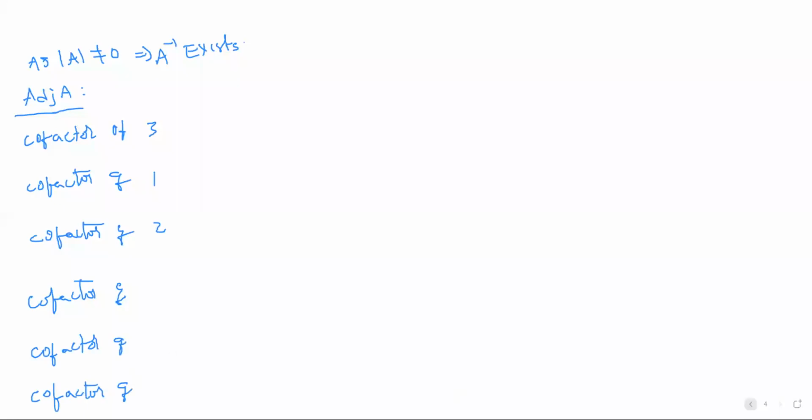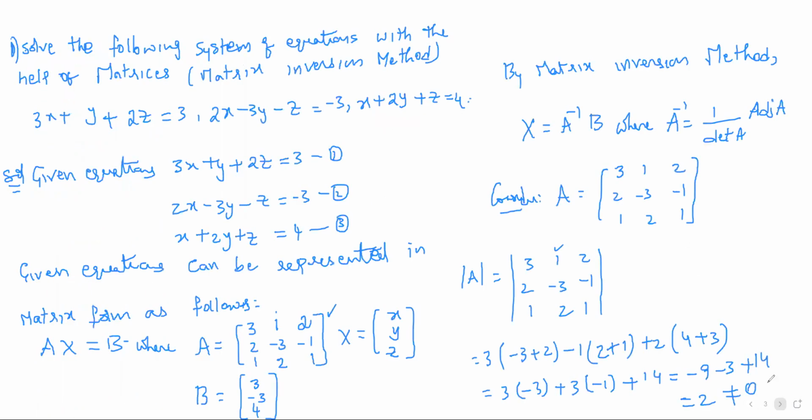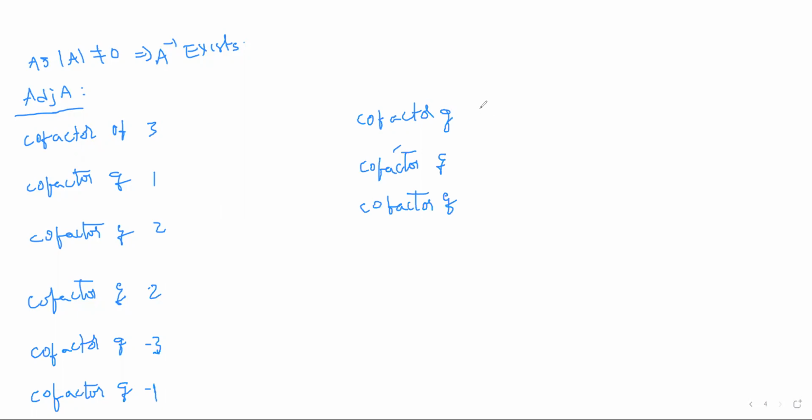What about the second row? 2 minus 3 minus 1. And finally, cofactors of the third row, 1 2 1.